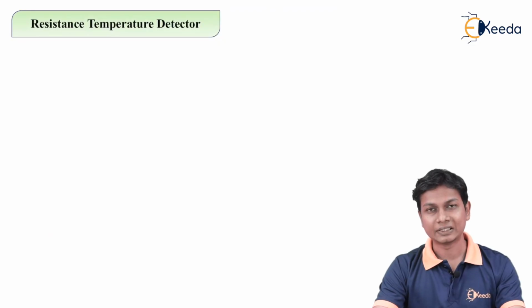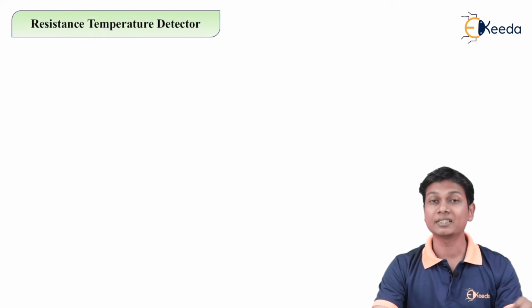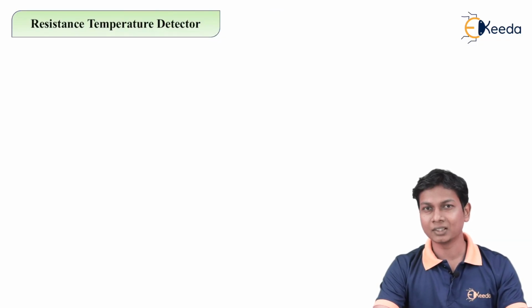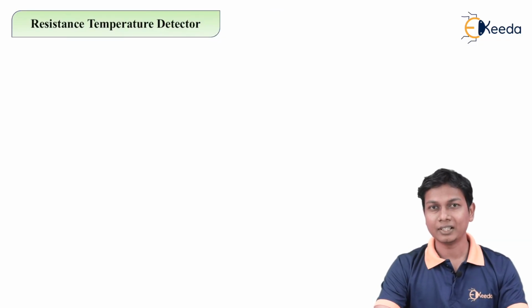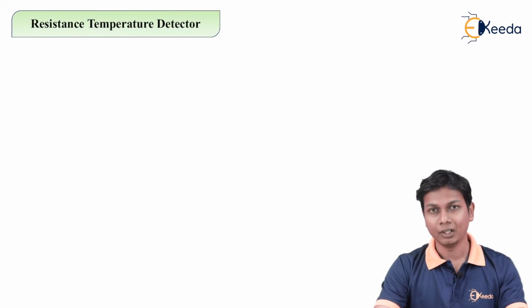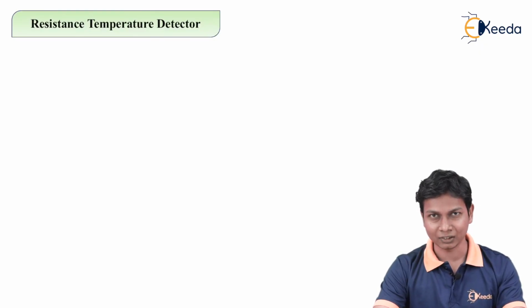Now here is another example of a temperature sensor, based on resistance change. Up till now, whatever temperature sensors we have considered are related to the change in temperature, and the output of that particular sensor is either voltage or current.